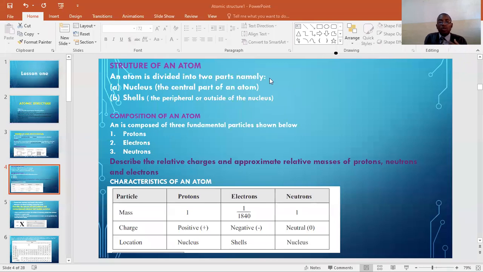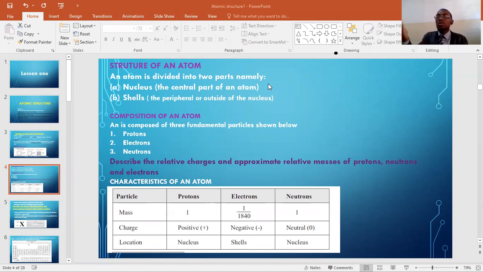Now, we're going to talk about the three fundamental particles that are found in the nucleus and in the shells. When you open the nucleus, you're going to find something on the inside of the nucleus. Again, when you enter inside the shells, you're going to see something moving inside the shells.